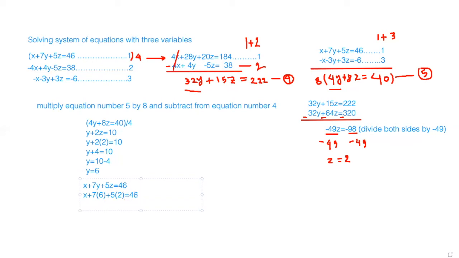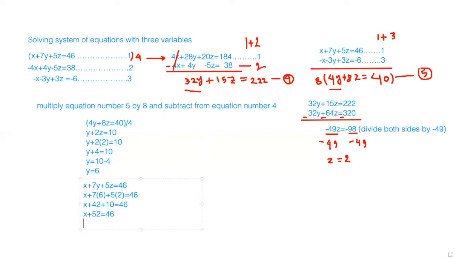Now we have x plus 7 times 6 is 42, plus 10 equal to 46. So it will be x plus 52 equal to 46. Now if we move 52 to the other side, it will be negative.